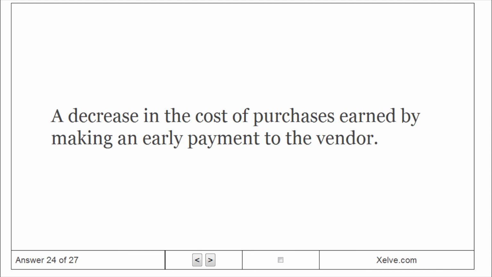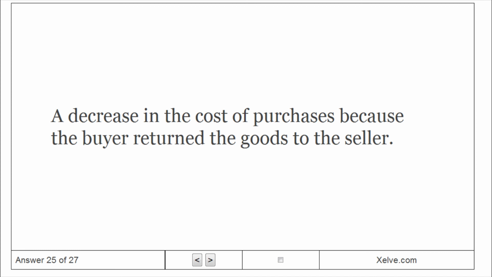A decrease in the cost of purchases earned by making an early payment to the vendor. Purchase return. A decrease in the cost of purchases because the buyer returned the goods to the seller.